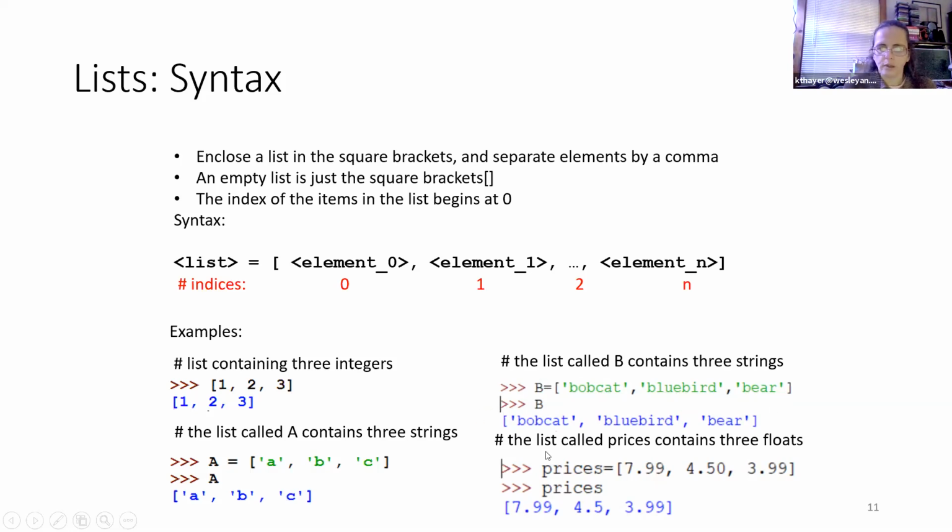The list called prices contains 3 floats. So here are 3 floating point numbers, and we can type prices and see the values in that list. As you might expect, the types of the items in the list follow the types that we've had so far. We can identify these as integers because they don't have a decimal value. These we identify as strings because they have the quotes on them.